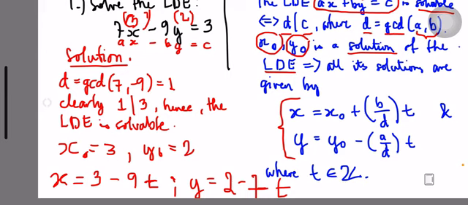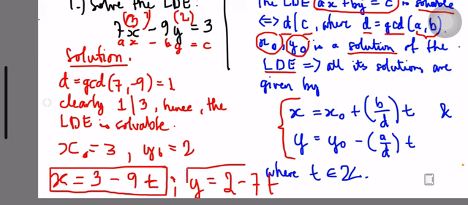Sorry, the space is not quite enough, so let's try to fit it. 7t. Okay, so these are our solutions. Our general solution for x is x equals 3 minus 9t, and for y we have 2 minus 7t. Now you may want to check it.